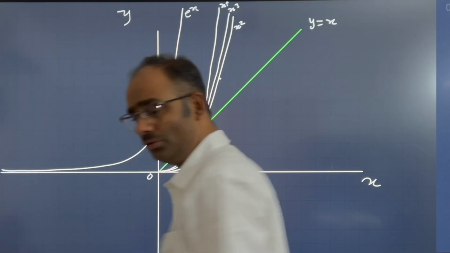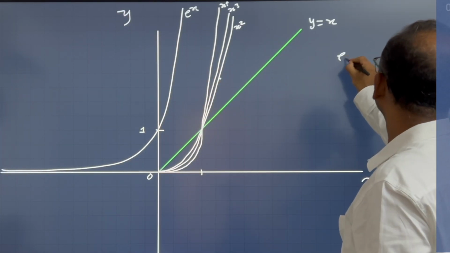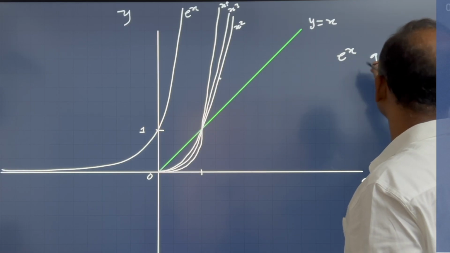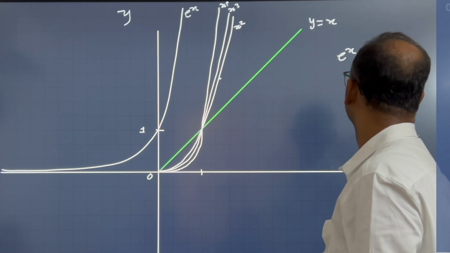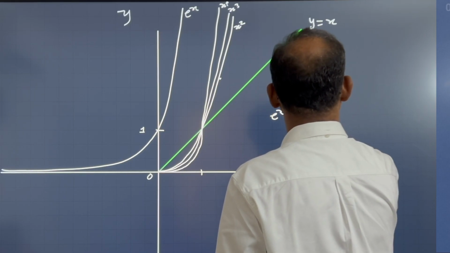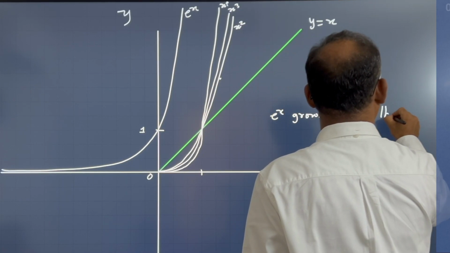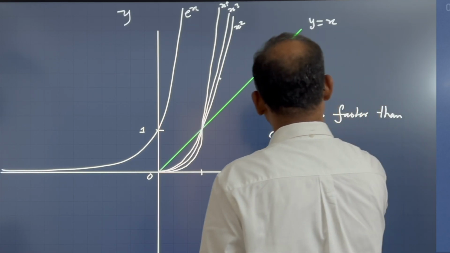I'm not giving you a proof, I'm just telling you as a statement that e to the x grows faster than any polynomial function.